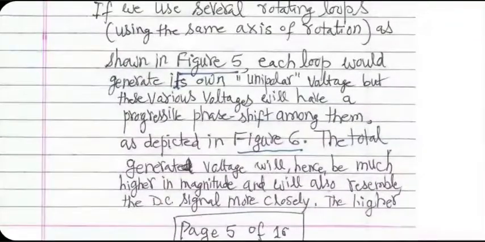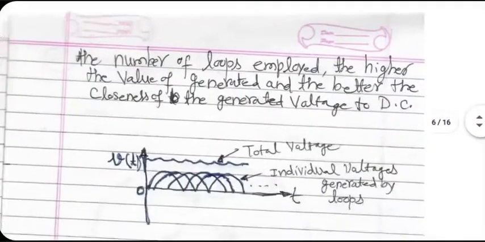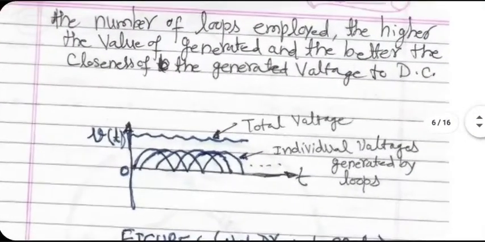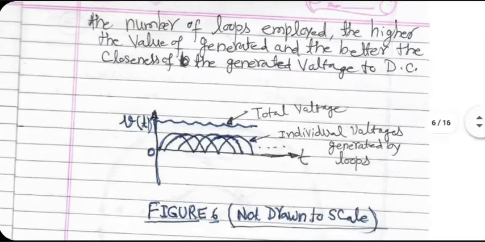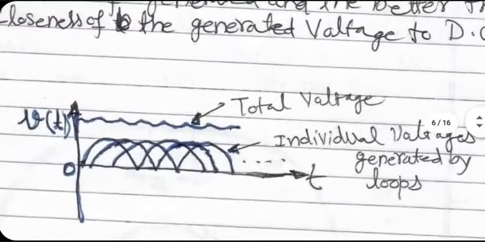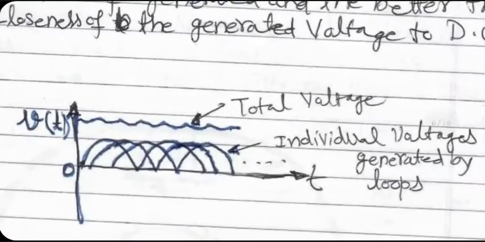So what will happen is shown here in figure 6. Each loop is generating a certain unipolar voltage, and if you have several of them with some phase shift between them, the total voltage coming out will be only the envelope of the waveform. And as you can see, the envelope is much more smooth compared to the individual voltages coming from each loop.